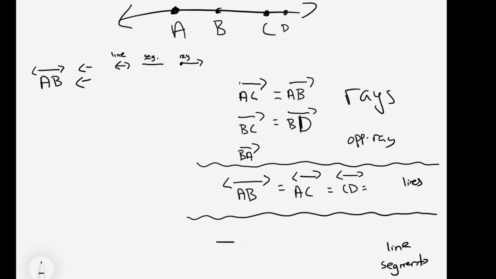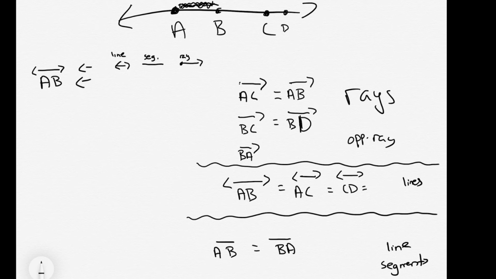Now, if we are going to want to talk about this area, A and B, we're just going to name it by these 2 points, A, B. Now, the area between AB is the same as the area between BA. So those are both equal. Those are both acceptable names for this line segment.